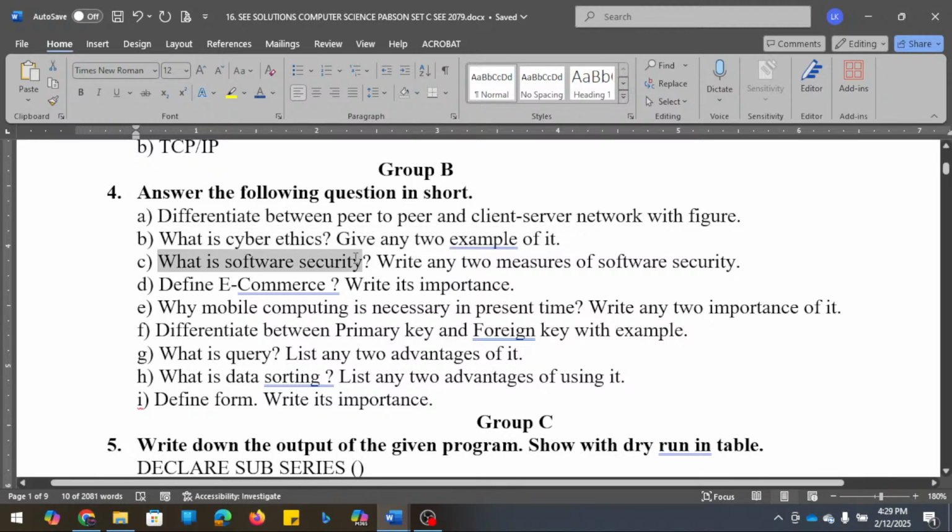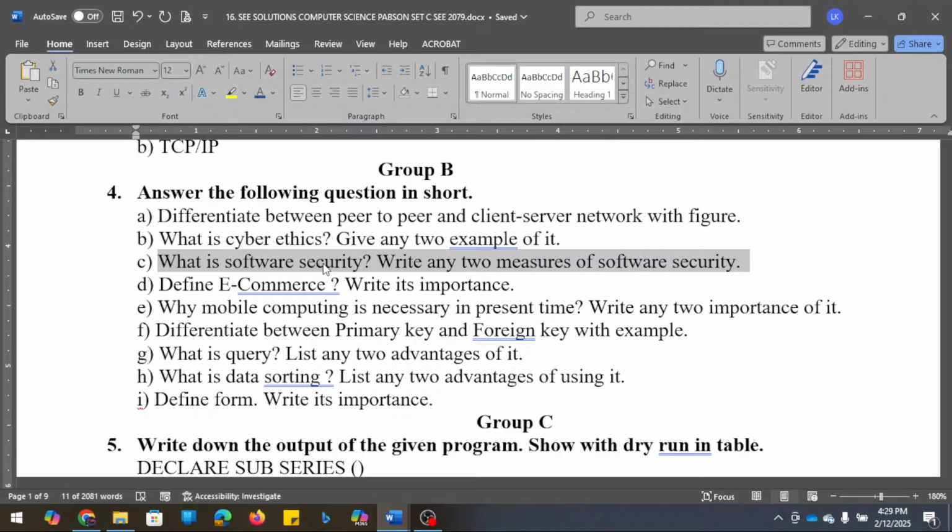Next is, what is software security? Any two measures of software security. Software security simply says to secure the software from misuse, damage, and illicit data access from unauthorized users, etc. Two measures of software security are: we have to update it from time to time, and we can put a password on it.